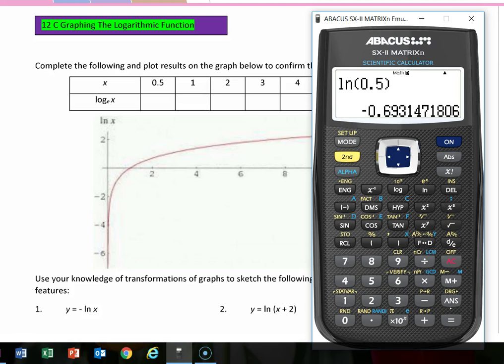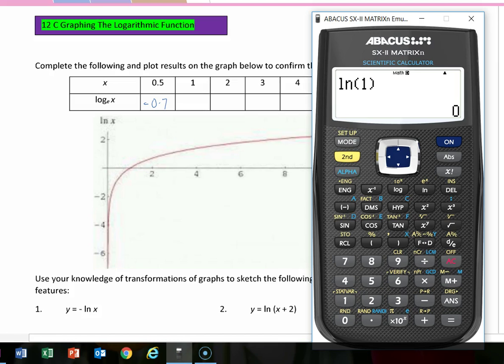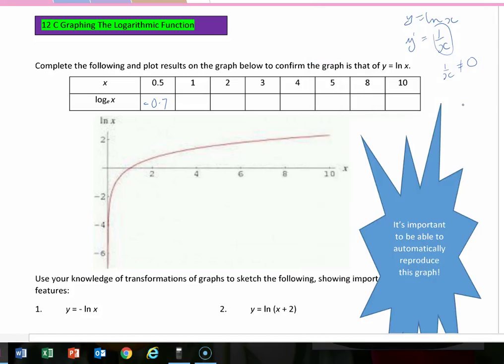We're not going to be able to graph to that accuracy. You would, however, call it probably negative 0.7. Of course, the log of 1 is 0, because what power do you raise e to get 1? Raise it to the 0 power, so at x is 1, we've got 0.